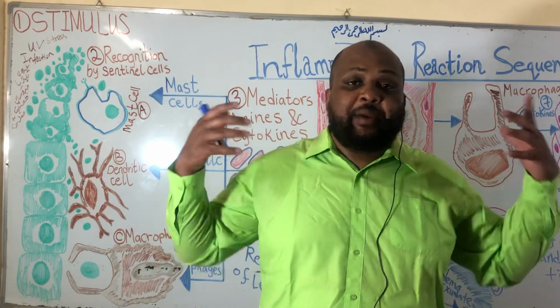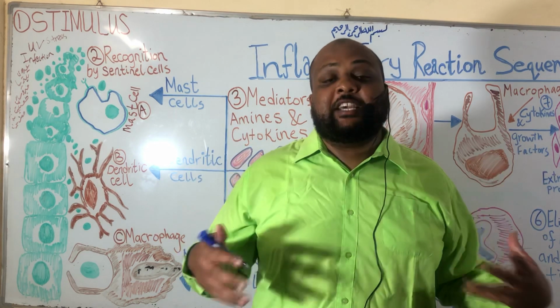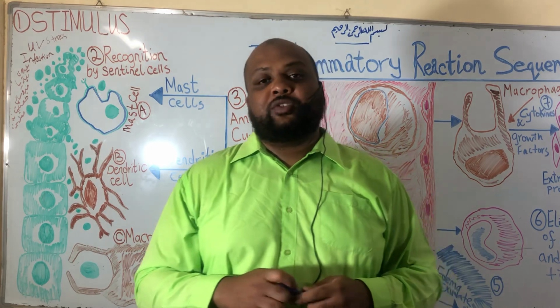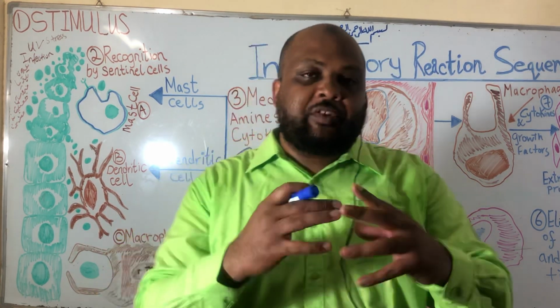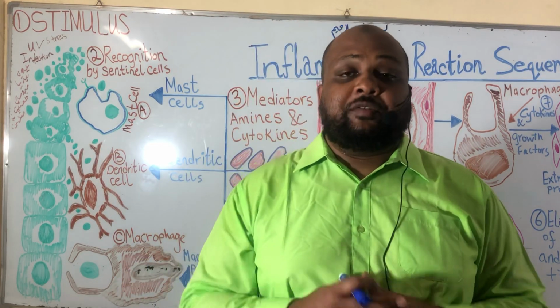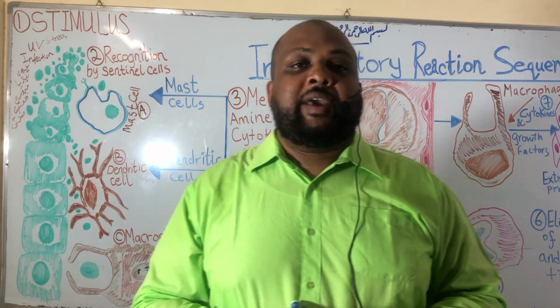So inflammation paves the way for healing, but it first has to take place in order to remove all these dangerous invaders. I hope this was a very good step into having a good understanding of the events that take place in the inflammatory reaction.